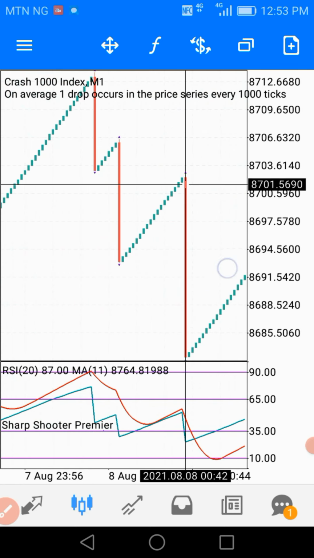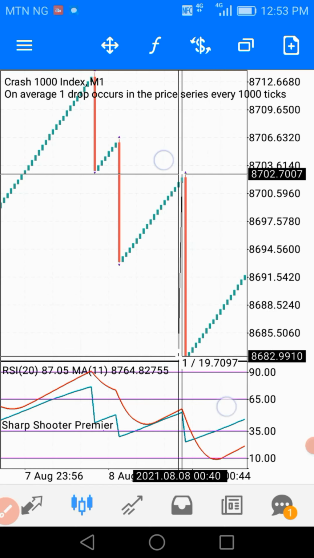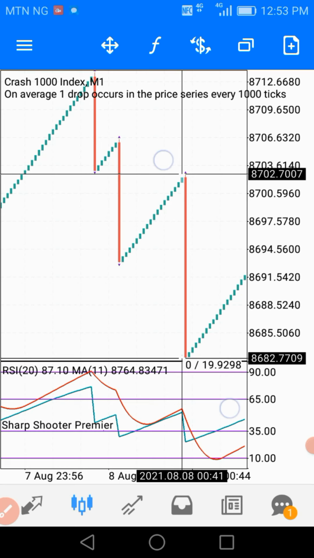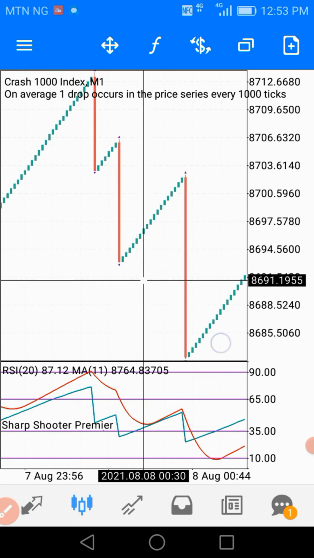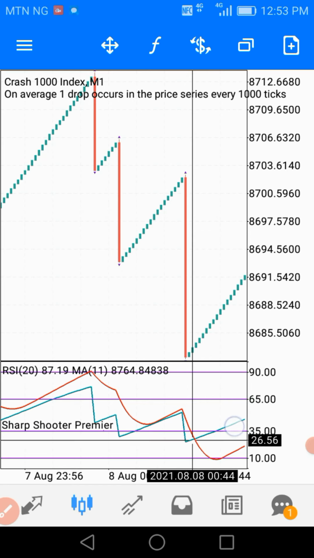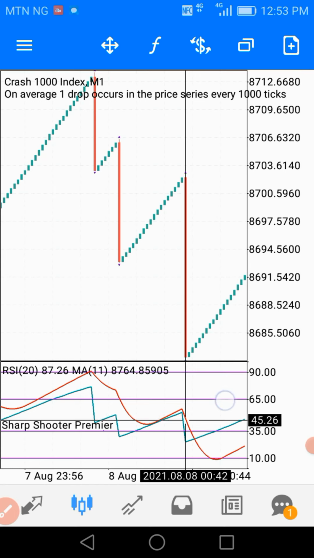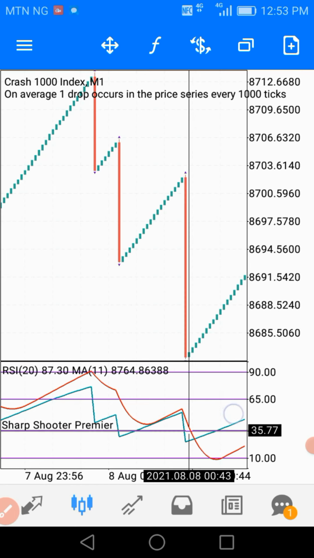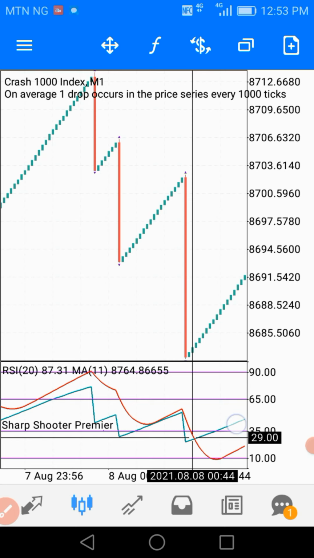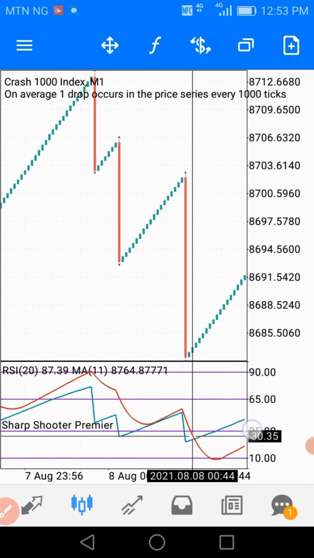Let's check this. Look at it here. Yeah, this was valid. It's approximately 20. And then look at the crossing between the moving average and the relative strength index. Remember that for crash, the crossing has to be that the moving average is crossing the blue relative strength index from up, moving downwards.